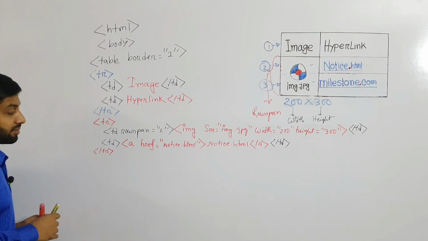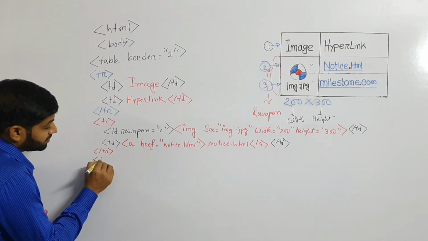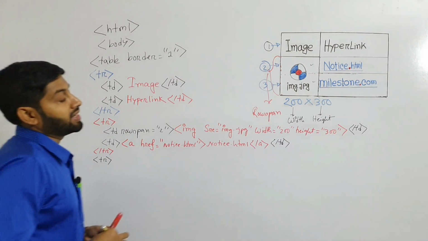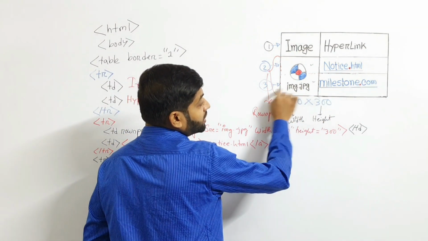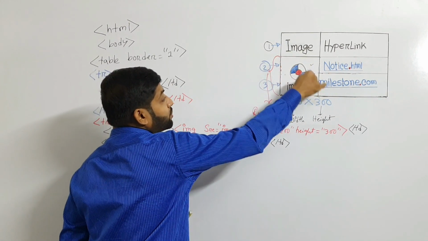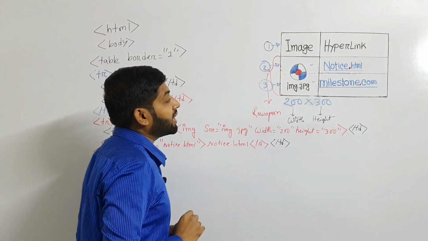Now I have to start again with my third row, tr. In this third row, this image already took these two rows together, so I don't have to recalculate this area again.